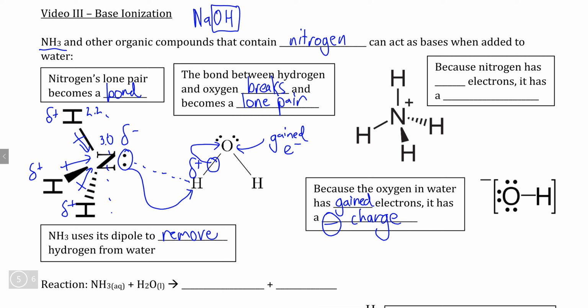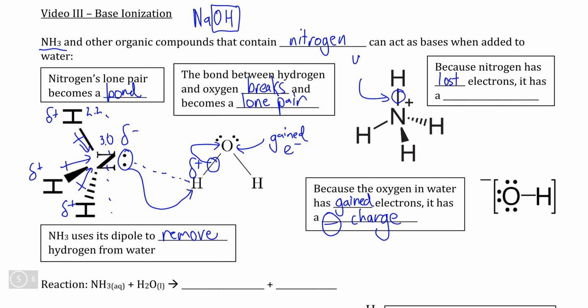Now, whenever we create a negative charge, we also need to create a positive charge somewhere, and we can see that on NH3. Because its lone pair is moving away from nitrogen here, we can say that nitrogen has lost electrons, because this lone pair that used to belong only to nitrogen is now this bond.